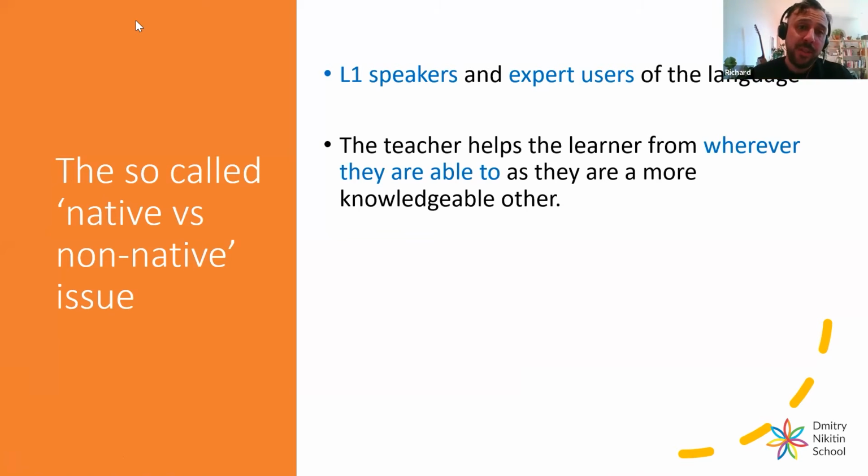All we can do as teachers is to help the learners wherever we're able to. As we're the more knowledgeable other in the room, that's all we can do. When I was a new teacher and I, as a native speaker, didn't understand the grammar, and the student asked me what a past participle was, I froze on the spot. I didn't know what to say. Nodding.